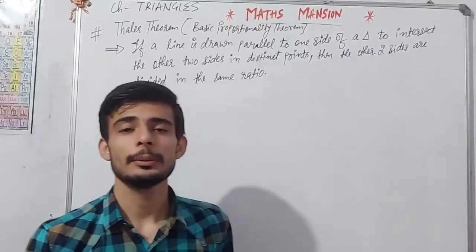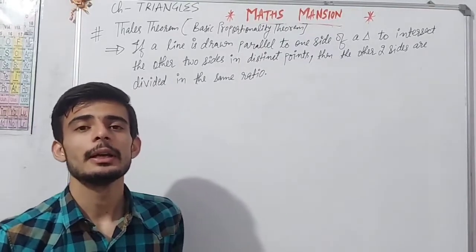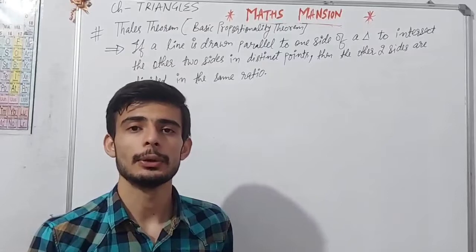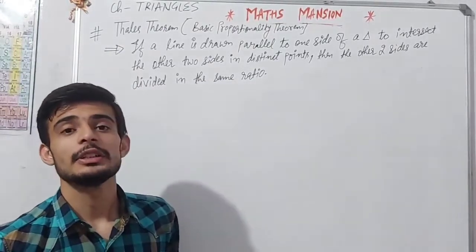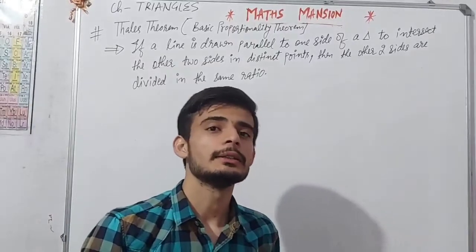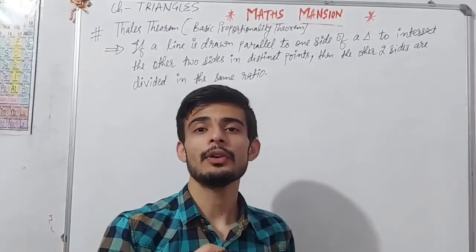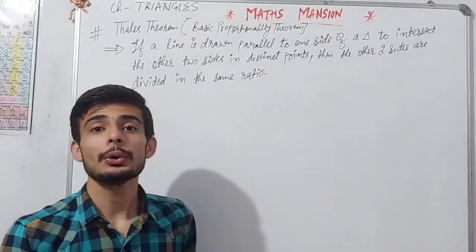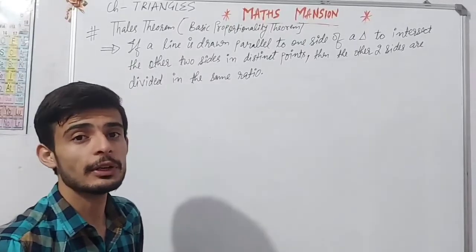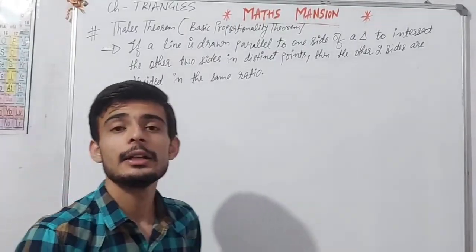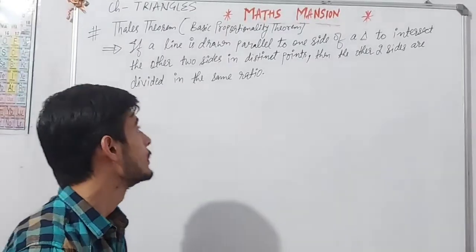One of the most important theorems which will be used in triangles chapter is the basic proportionality theorem, or you can say Thales theorem. The statement of Thales theorem is that if we draw a line parallel to one side of a triangle to intersect the other two sides in different points, then the other two sides will be divided in the same ratio.